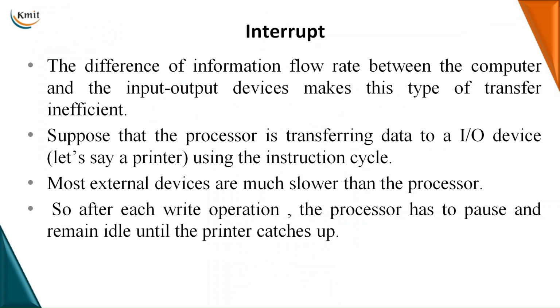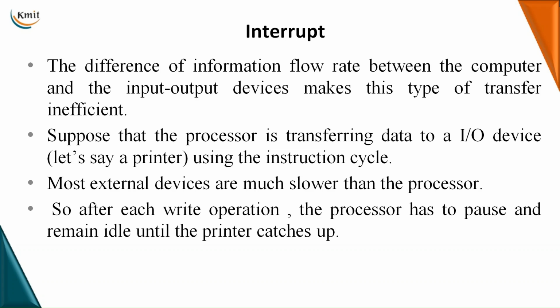Whenever a processor wants to perform a write operation into the output register, or has to take input from the input register, the processor has to pause and remain idle for some time. For example, in a write operation into an output register, the processor has to pause and remain idle until the printer catches up.